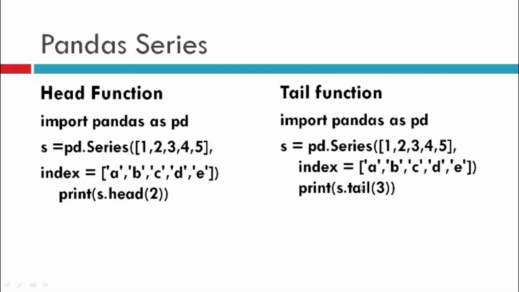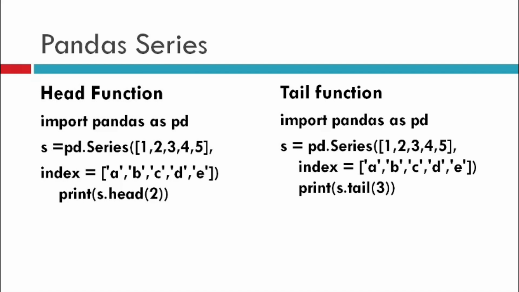Now head and tail. Whenever we declare a series, there should be a front and a rear. The front is known as head and the last is known as tail. So we can print with the help of head from the front side.